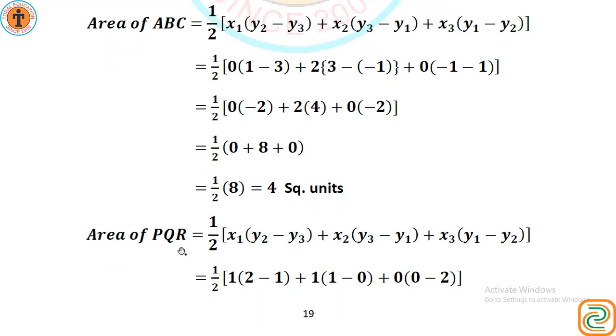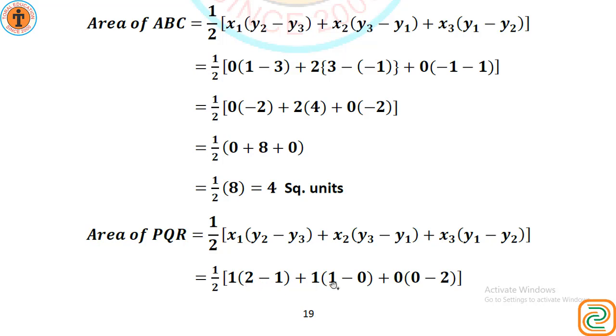Similarly, area of PQR. In area of PQR, we have taken the 3 points P, Q and R. Half of 1 into (2 minus 1), 1 into (1 minus 2), 1 minus 0, 0 into (0 minus 2). So we will get here 2 minus 1, that is 1, 1 into 1.